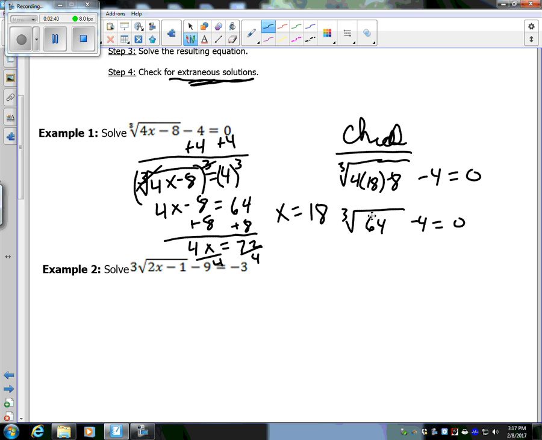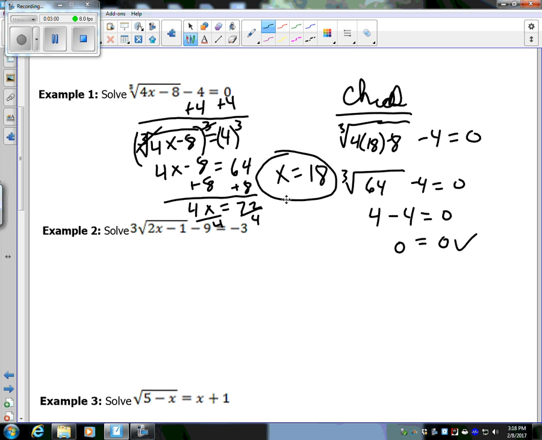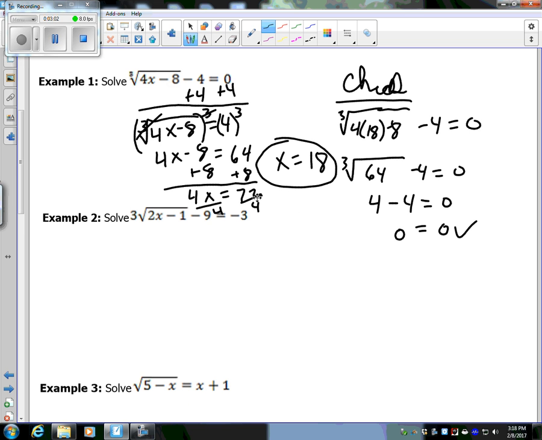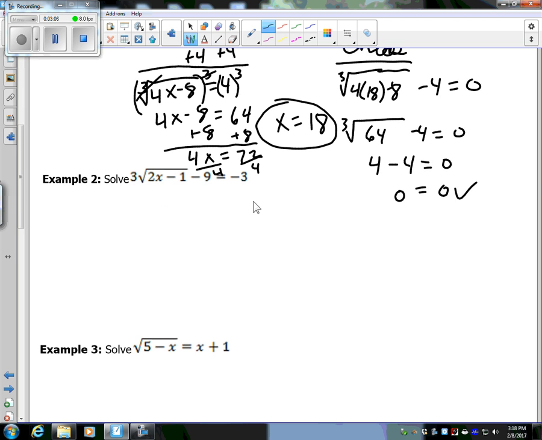So the cube root of 64 is 4. And 0 does equal 0. So it's good. So x equals 18 is the solution. And to be honest with you, all solutions are good unless you have a quadratic. So you really don't need to check unless you have a quadratic.